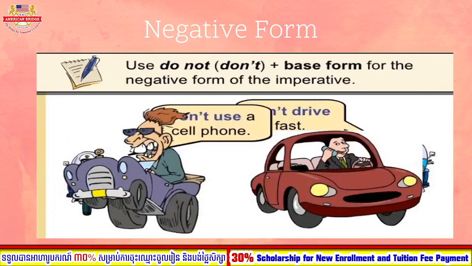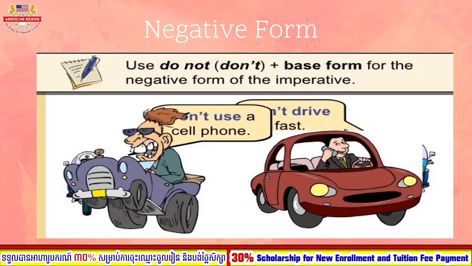So this one is the negative form that I told you about a moment ago. You can use do not, or you can say don't plus the base form, for the negative form of the imperative, like don't use a cell phone, don't drive fast, right?